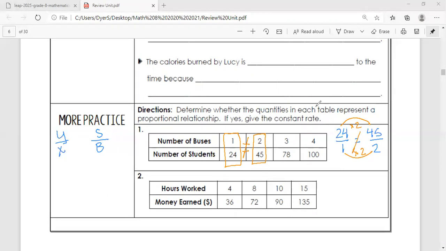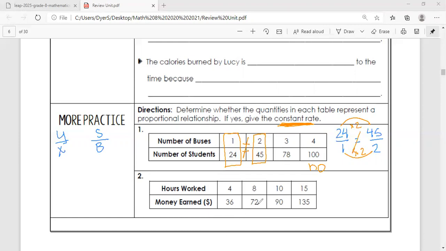So what can we say about this? Is it proportional? No, it is not, because there is no constant rate. Last year, that constant rate of change that we're talking about makes it proportional in this instance. Okay, all right, here we go.